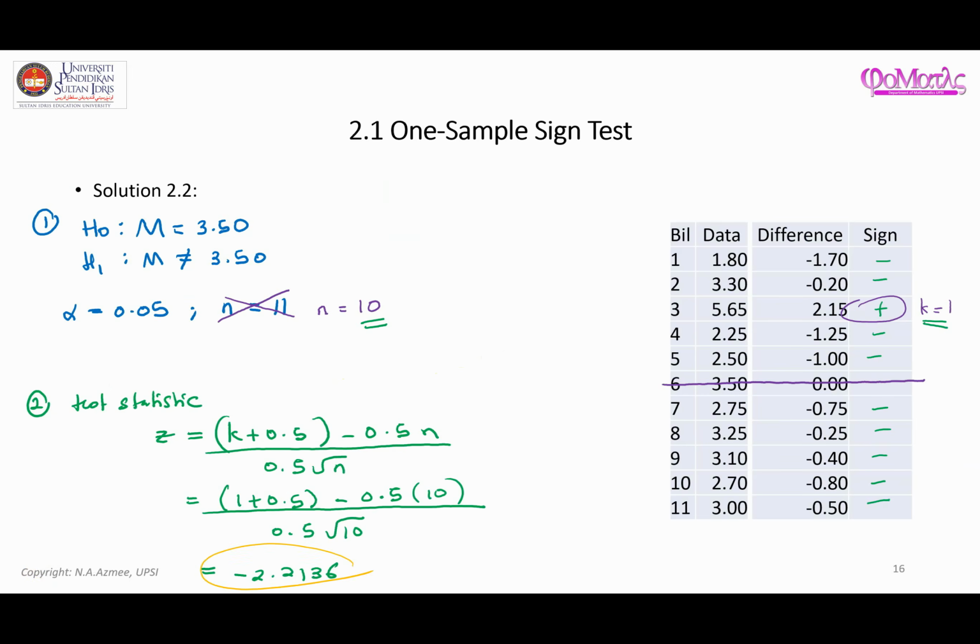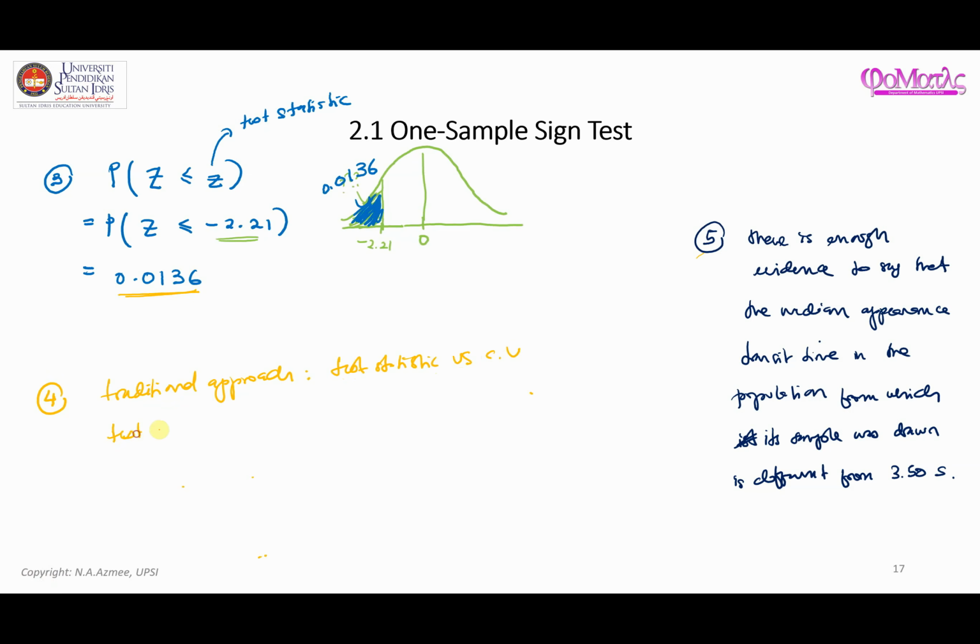So here is your test statistic, about -2.21, and you need to find the critical value such that the area is 0.025. Why is the area 0.025? Because alpha is divided by 2 due to the fact that you have a two-sided test right now.